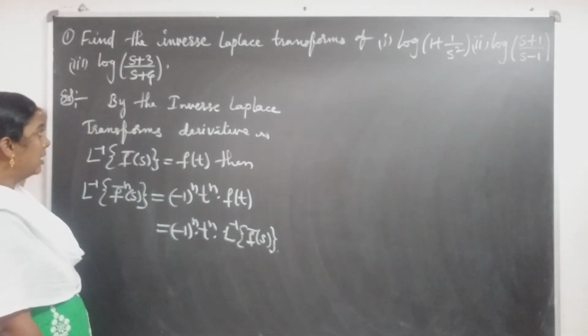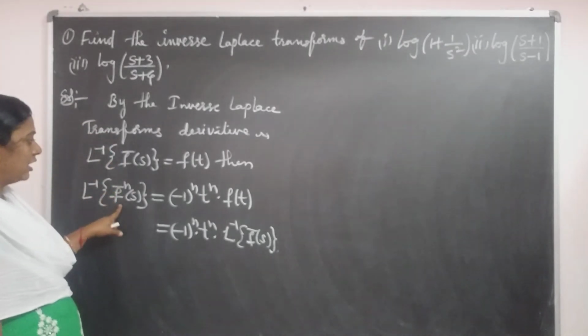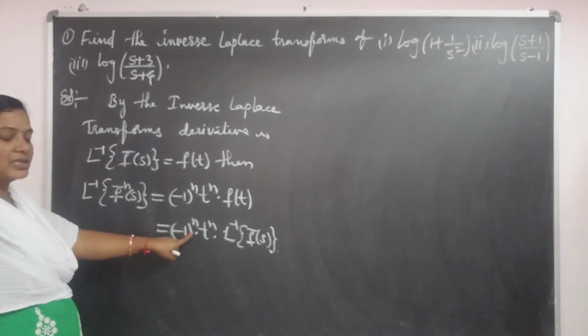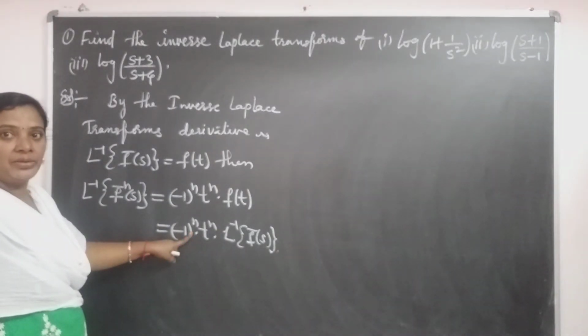This is the inverse Laplace transforms derivatives. If we take the first derivative, then we substitute n equal to 1. If we take the second derivative, we substitute n equal to 2.